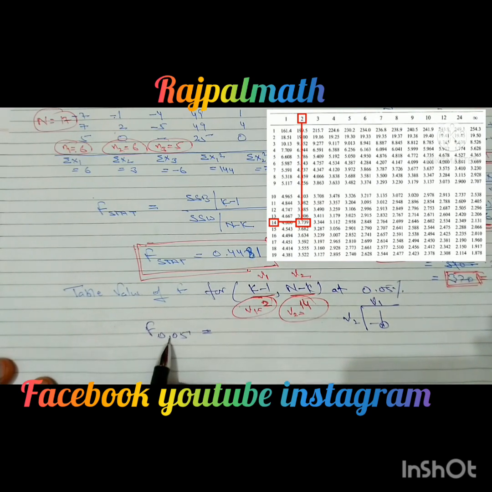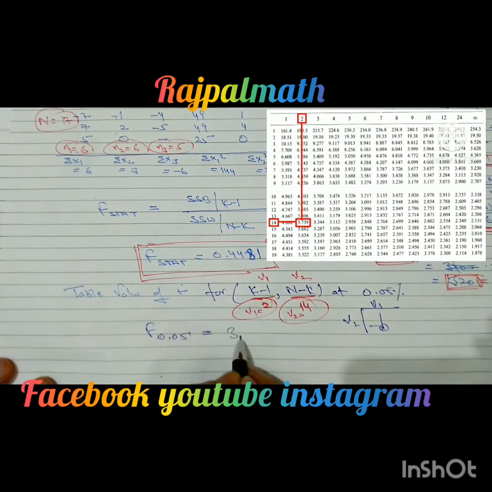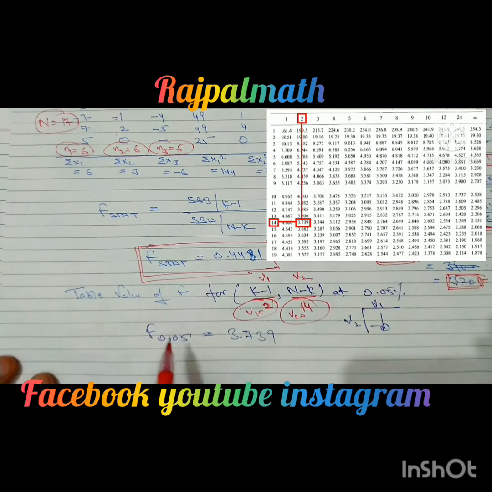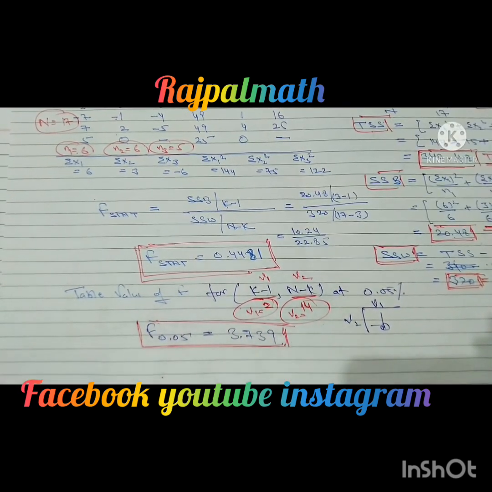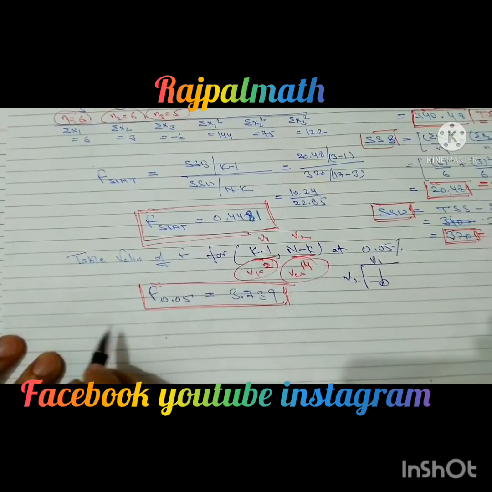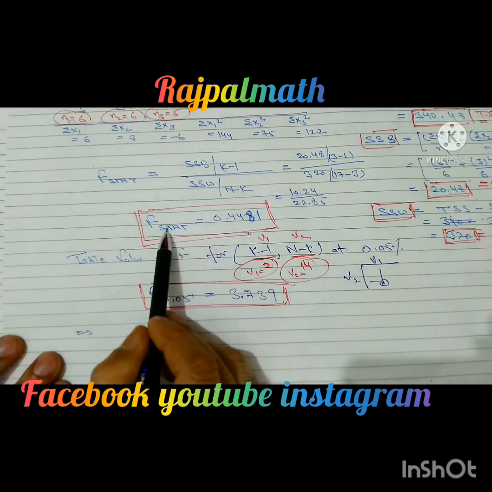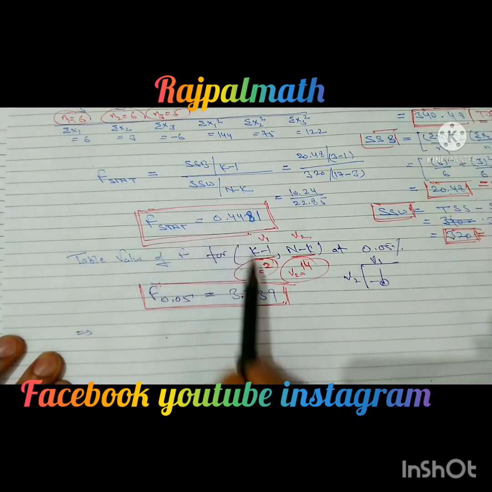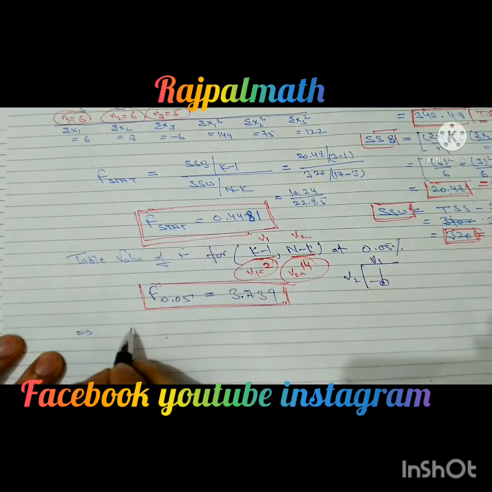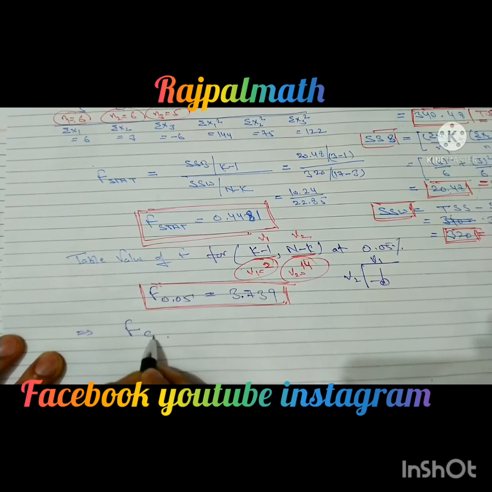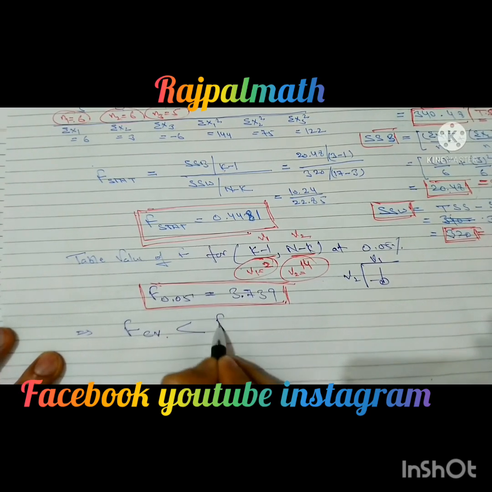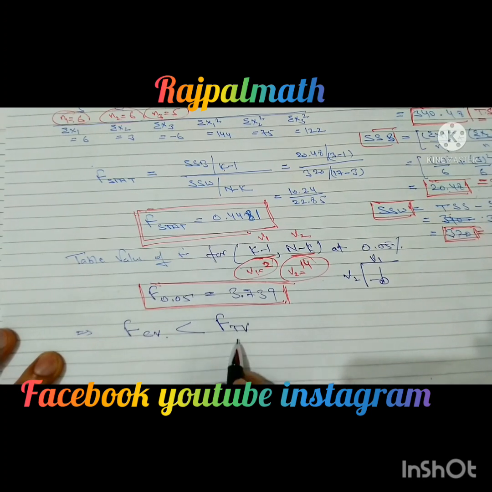So at the 5% significance level, the F value is 3.739, which implies the calculated value is this and the table value is this, meaning the F calculated value is less than the F table value or critical value.